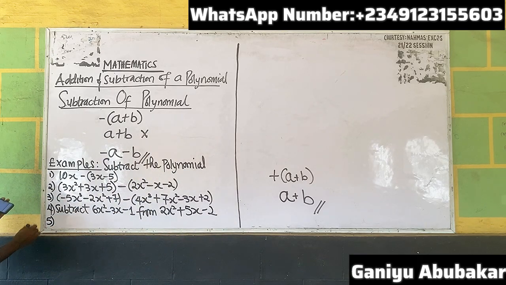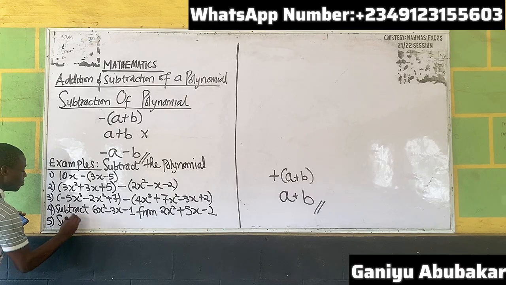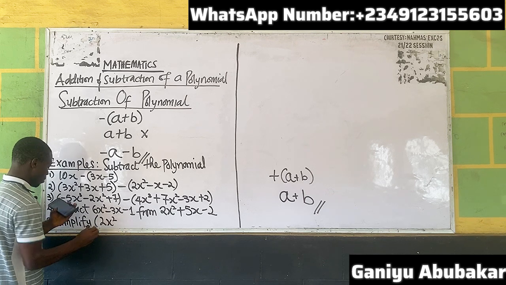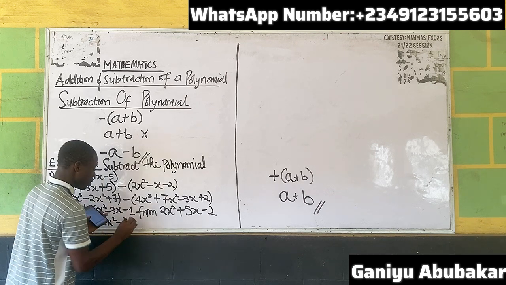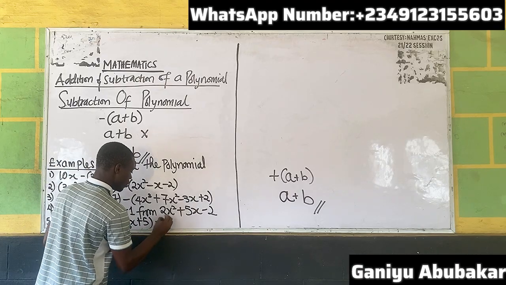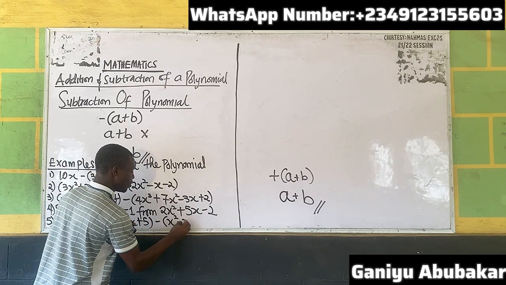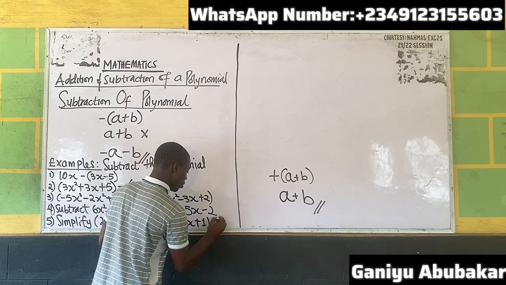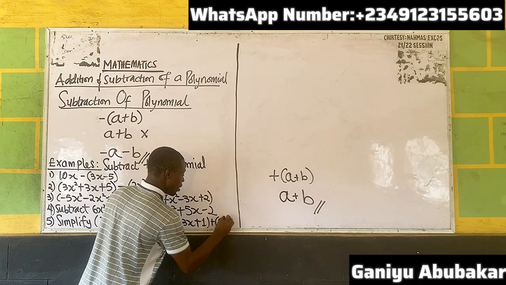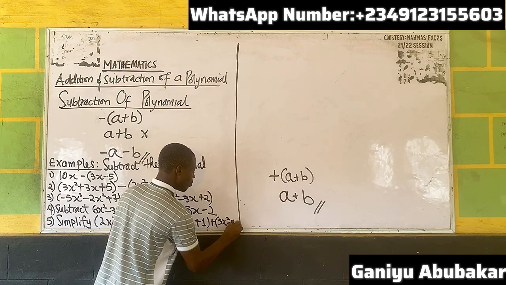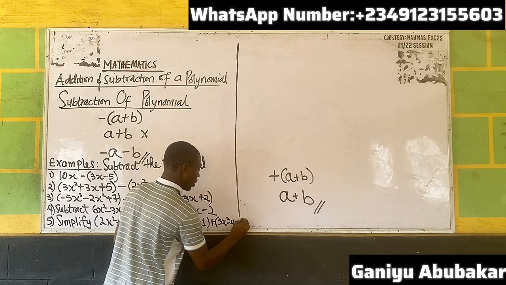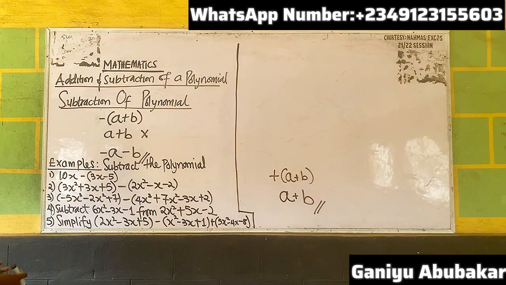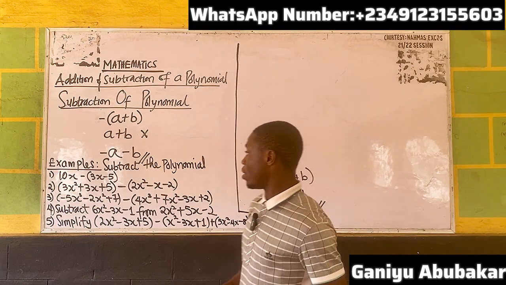Finally, number 5, it says simplify (2x squared minus 3x) plus (5x squared minus 3x plus 1), then plus (5x squared minus 4x minus 8). So let's try these questions and see how it works.